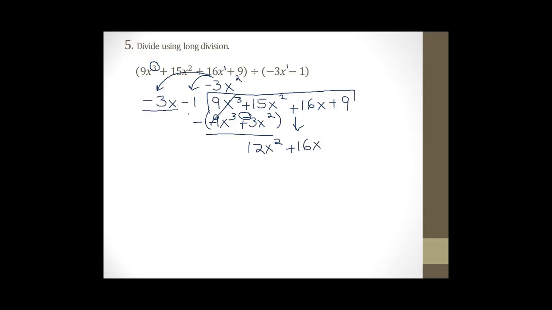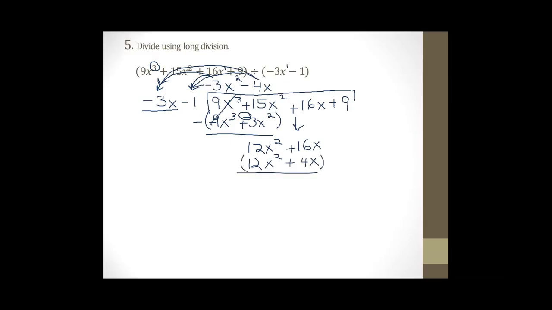By what number do I have to multiply negative 3x to get to 12x squared? I have to multiply by negative 4 to get to 12, and I already have an x, so I need one more. So negative 4x, distributing it to both terms. So negative 4x times negative 3x gives me 12x squared, and negative 4x times negative 1 gives me positive 4x.